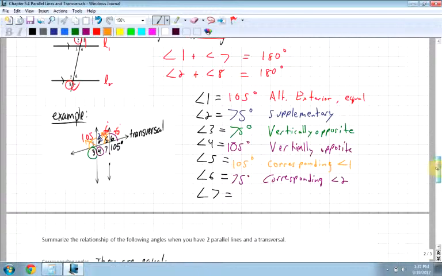And lastly, angle 7, you could say a bunch of different things, but angle 7 is vertically opposite to this angle 6. So let's say vertically opposite. So we're going to say 75 degrees because it's vertically opposite. And it's vertically opposite to angle 6. Angle 7 and angle 6 should be the same measurement.